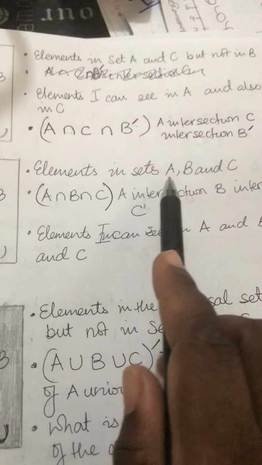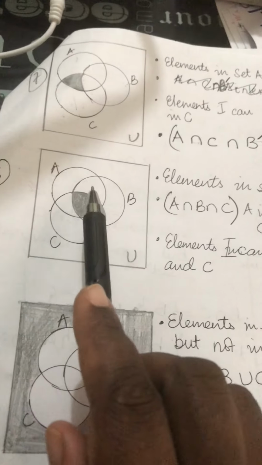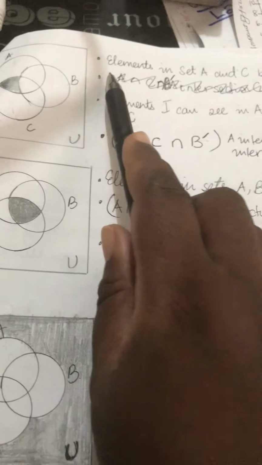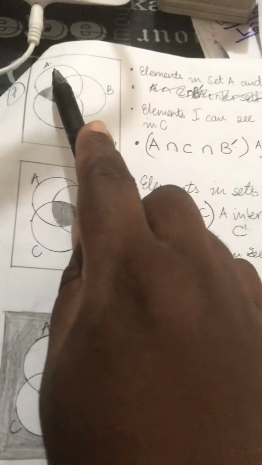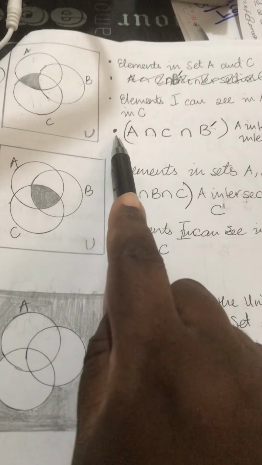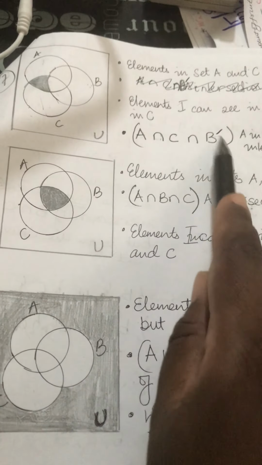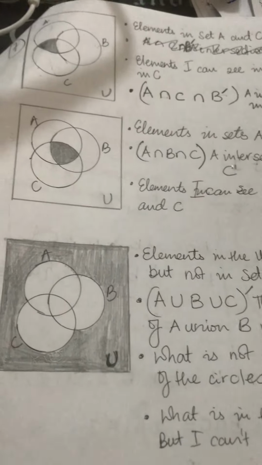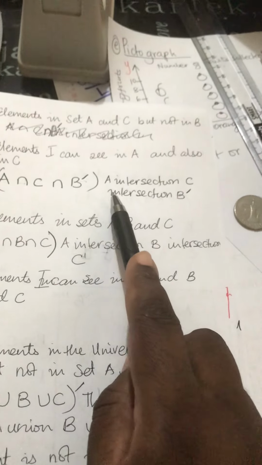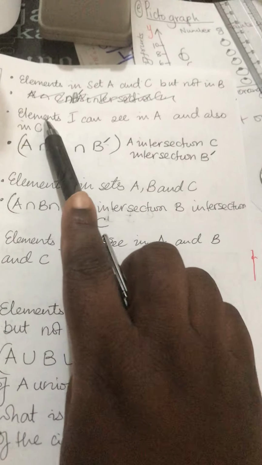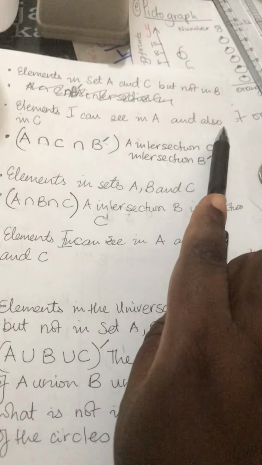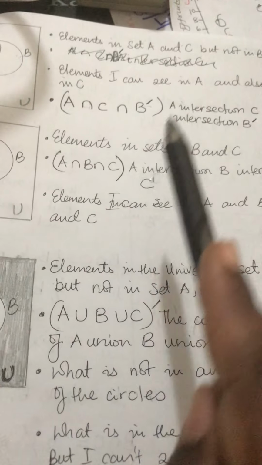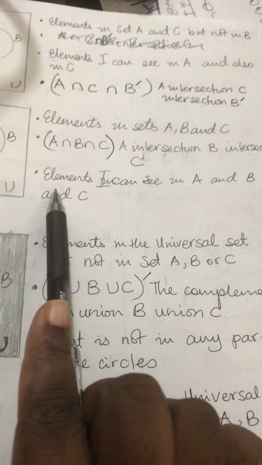So this is elements in set A, B, and C. So I have written the words that reflect the picture, and I have written the set notation that reflects the picture. And I have explained to you what that means. I've explained in simple words what they mean. So you have to read.